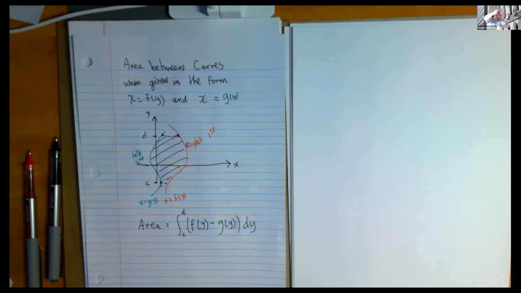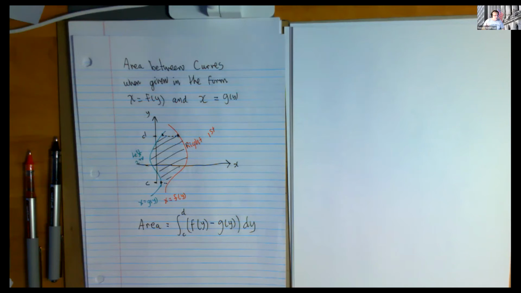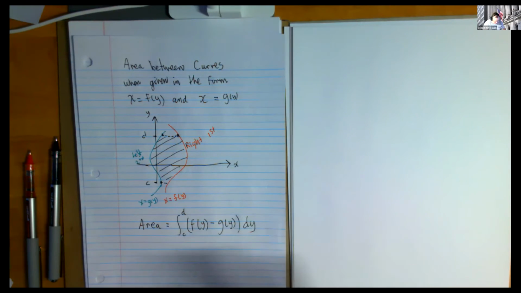That was the rule, right? High guy first, low guy second. When you do these guys, right hand side guy first, left hand guy second.